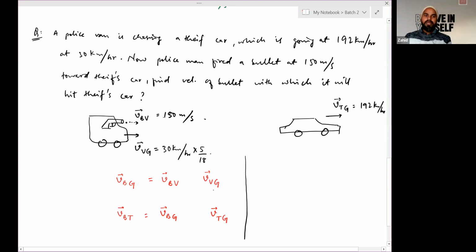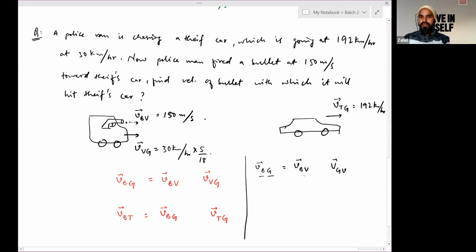I'm giving you one hint on how to use the sign in between. Suppose you have to find the velocity of bullet with respect to ground. Since you are given velocity of bullet with respect to van, just write these two terms with respect to the same reference: velocity of bullet with respect to van and velocity of ground with respect to van.